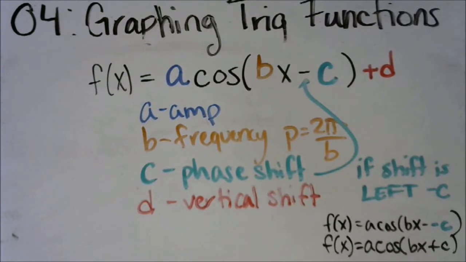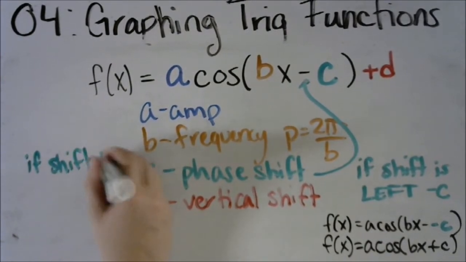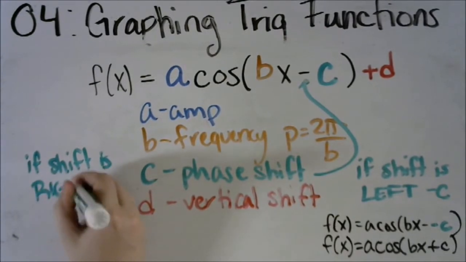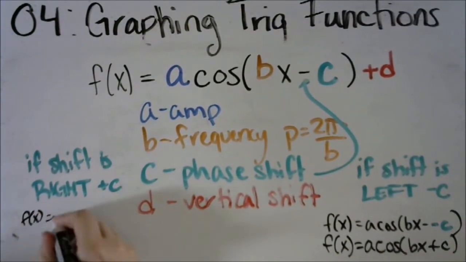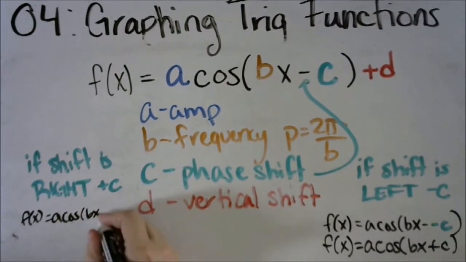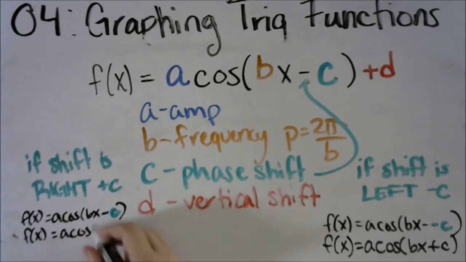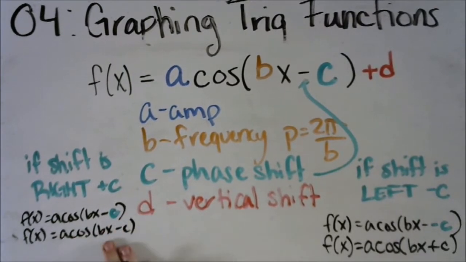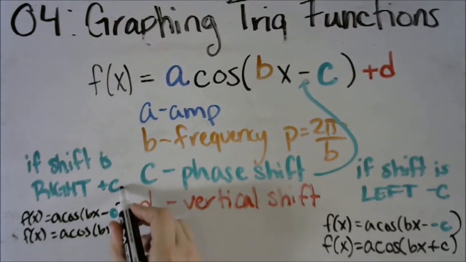Similarly, if the shift is to the right, C is positive. In our formula, we would have f of x equals a cosine bx minus positive C. And when simplified, we would have f of x equals a cosine bx minus C. That means if we see a negative in the formula, we're actually shifting to the right.